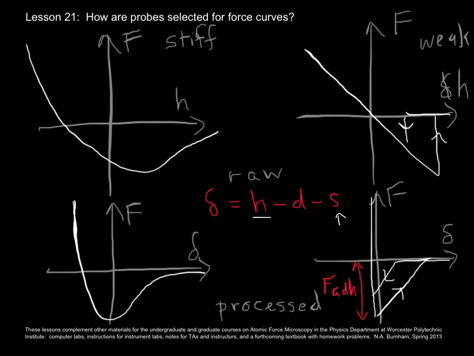Now, if your configuration of your scanner is different and your sample is on the scanner, then your variable would be S and your offset would be H. And still you do want to take the difference between the deflection and the motion of the scanner.